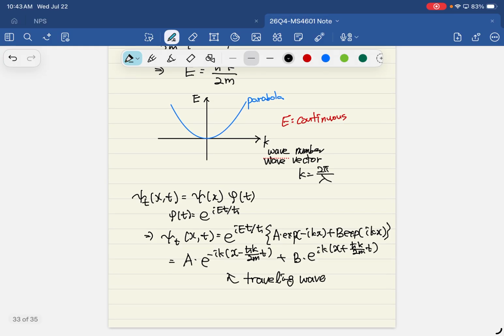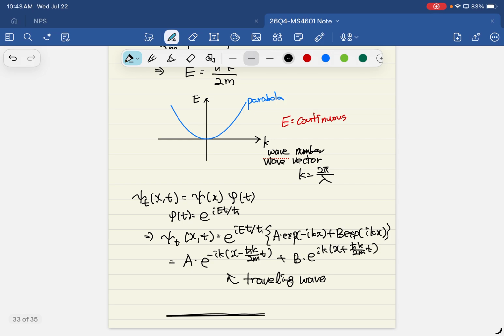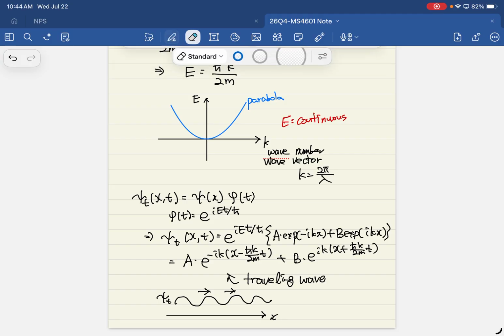When we plot it, obviously I cannot really describe both the time and space domain, but when we look at it, this is essentially a traveling wave. It's moving in the x direction or y direction, basically following this expression. So this one is a traveling wave, and then this makes sense, right?